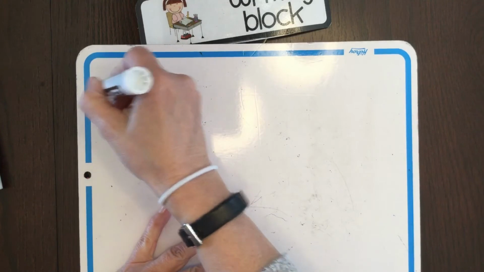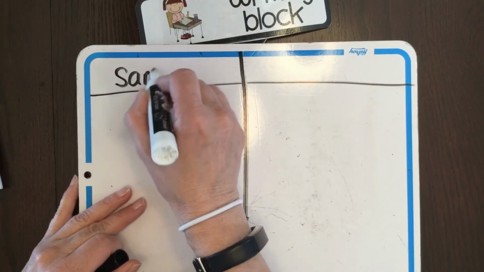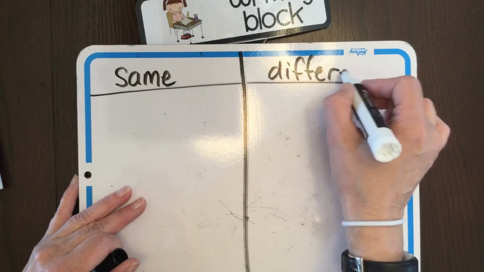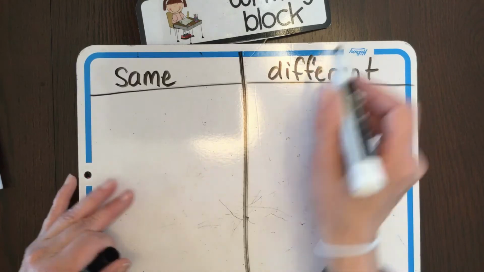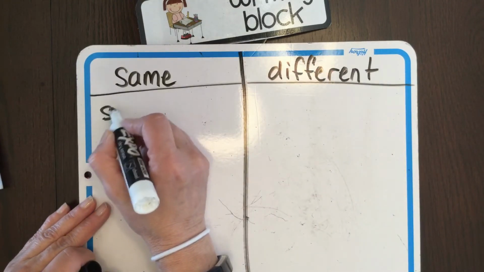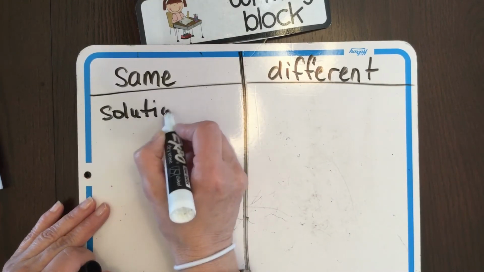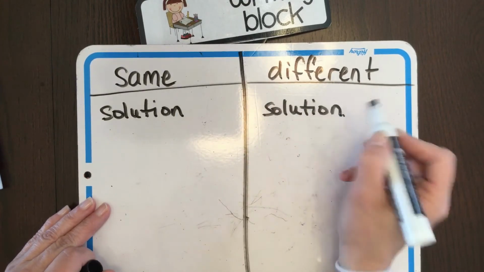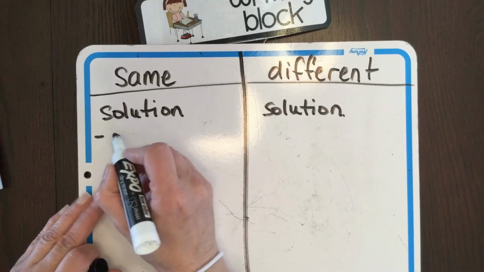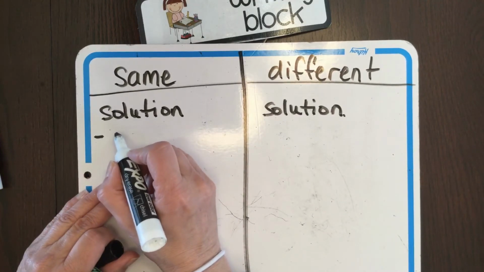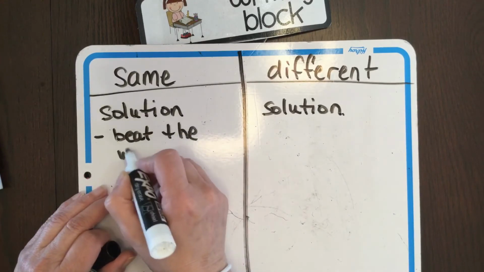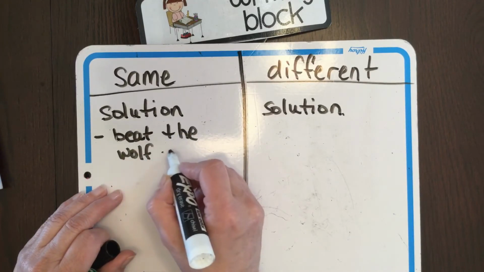Still have our T-chart. Easy to do. We want to know what's the same. What's the difference? Different. My F's not very good there. In the solution. How did she get away from the wolf or beat the wolf? In the forest.